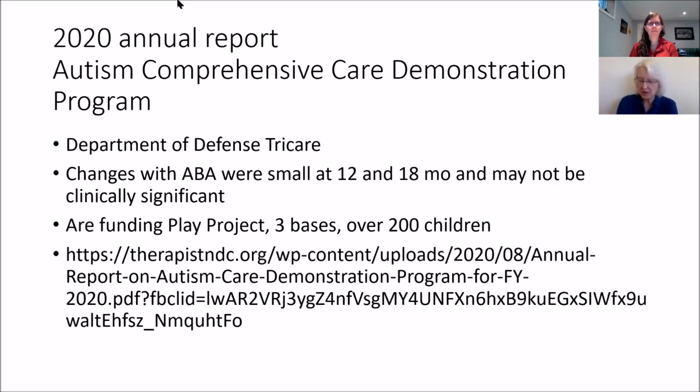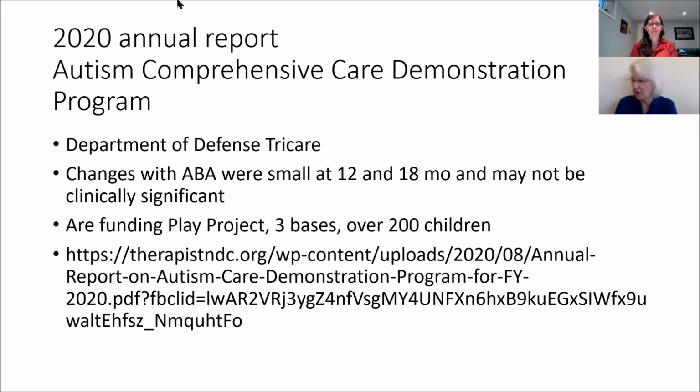I also wanted to mention this. This is from the Department of Defense. The Department of Defense for the military has an insurance program called TRICARE, and they pay for a lot of services. And they have a huge number of children.